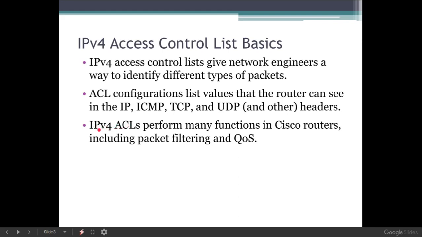Right, so we can use the access control list to block or allow packets, and we can use it as a quality of service mechanism as well. As a quality of service mechanism, you can use access lists to send certain traffic to certain ports, and you can use it to delay certain traffic.